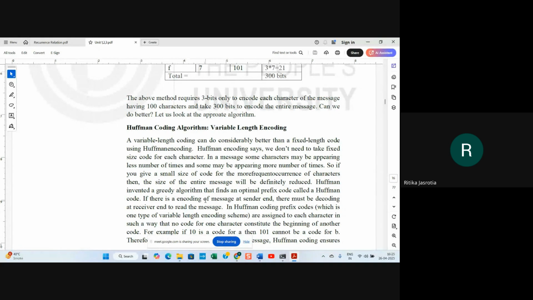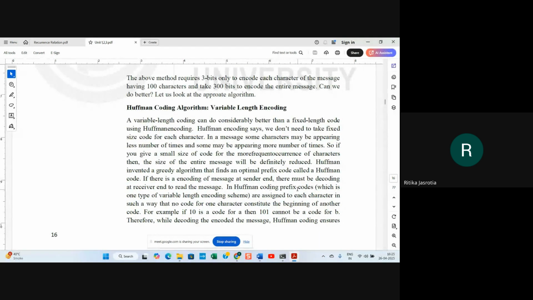If there is an encoding of the message at the sender end, there must be decoding at the receiver end to read the message. So in Huffman coding, prefix codes, which are one type of variable length encoding scheme, are assigned to each character in such a way that no code for one character constitutes the beginning of another character.